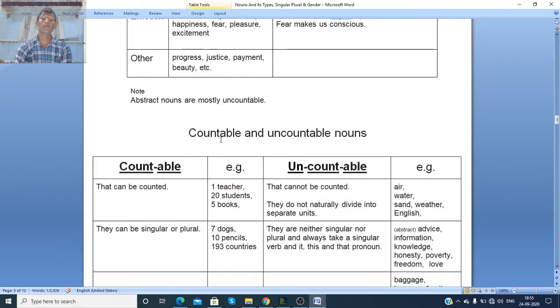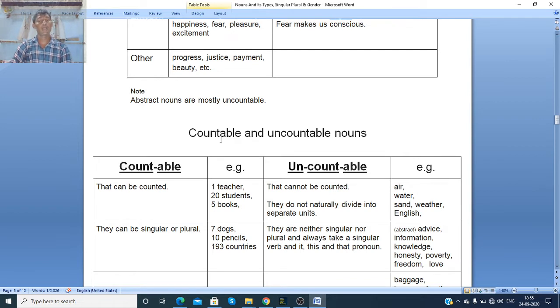And now we talk about countable and uncountable nouns. So let's see the difference first. As the names say, a countable noun can be counted.